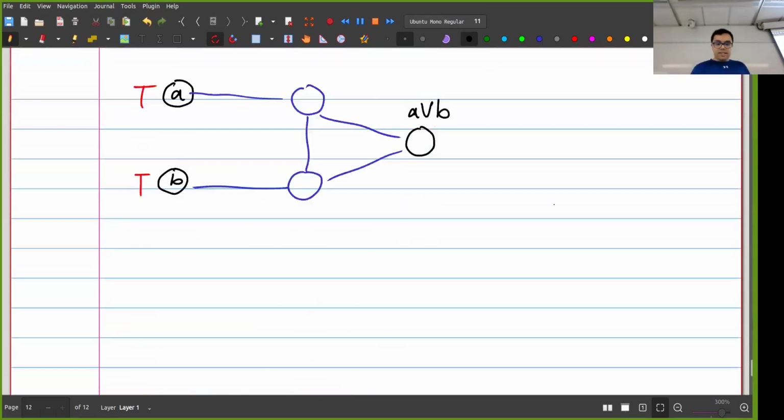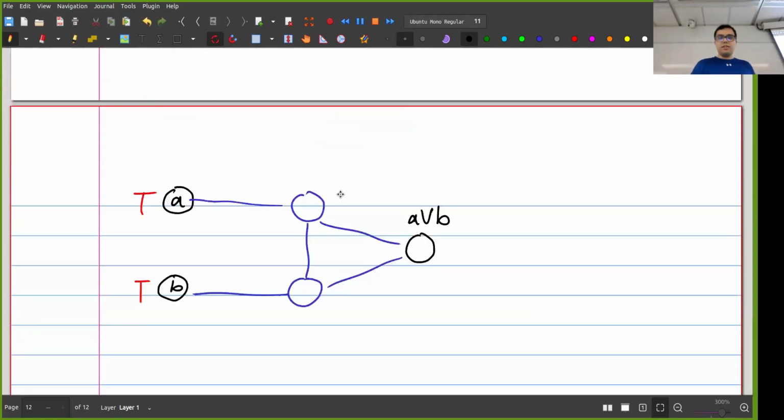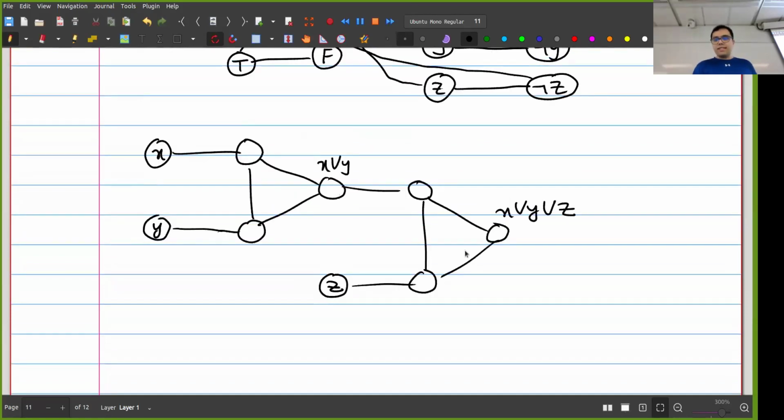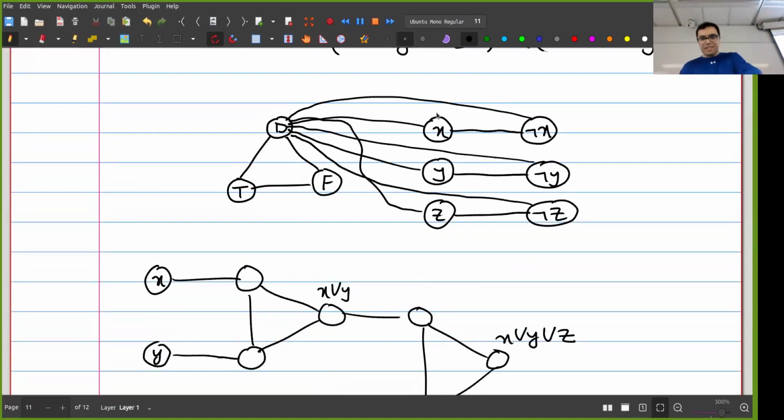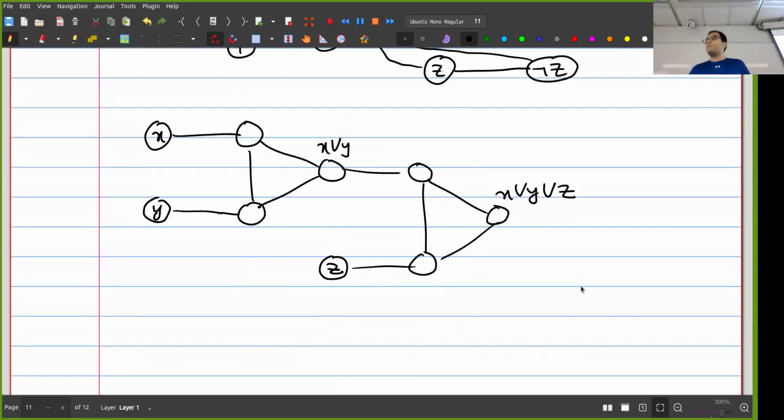Just applying the same idea here twice shows that the only case that I can assign the color true to this vertex is if I have assigned the color true to at least one of these three vertices, X or Y or Z. Okay. And again, this X is the same as this X. They're the same vertex. I just can't draw this inside this. It's hard. Okay. Great.